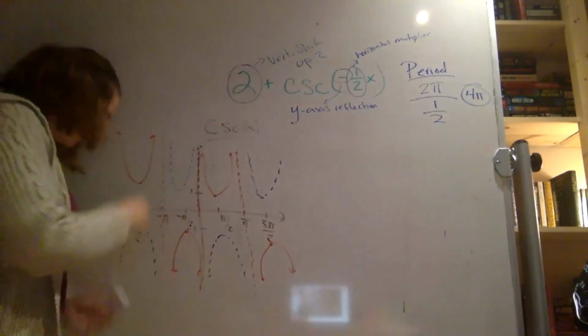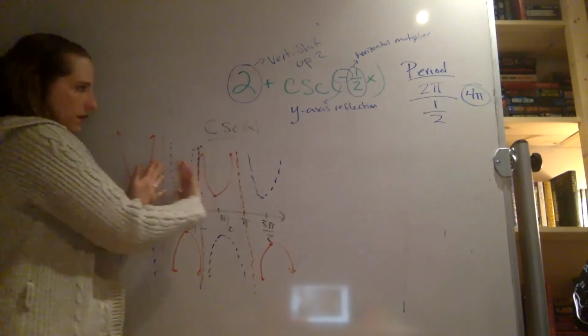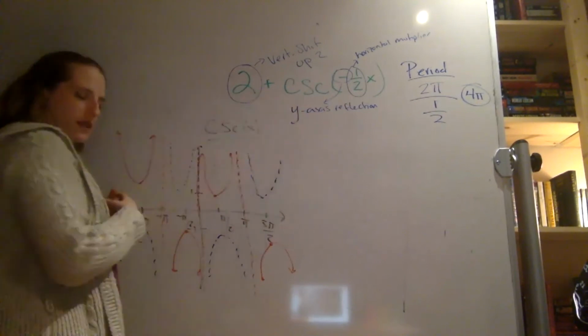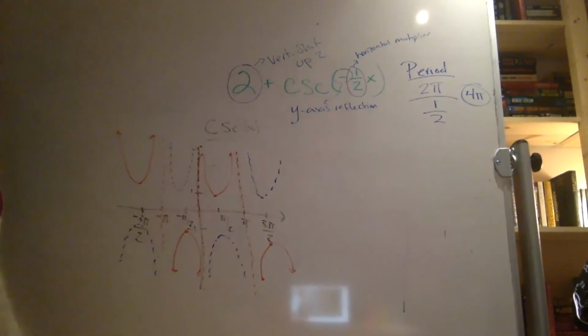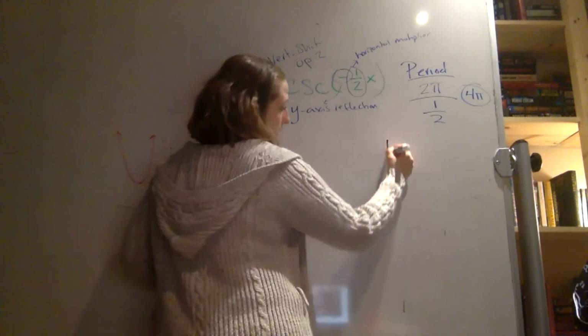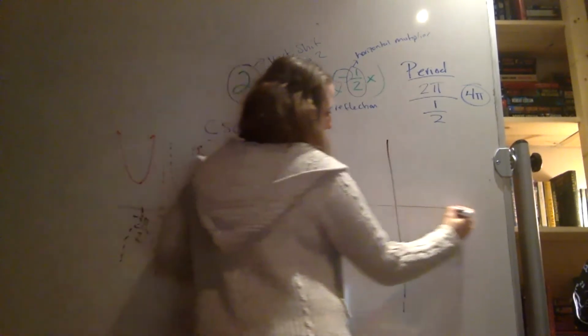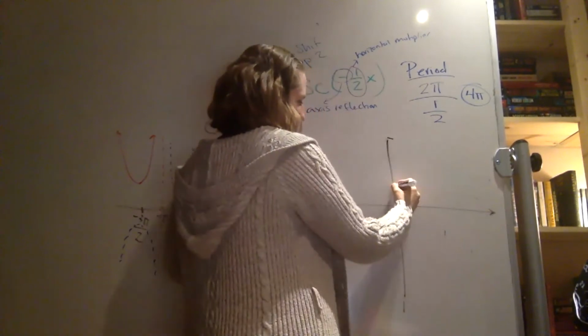So that means when we're sketching this, our little U-curves are going to be much broader because they're going to encompass 4 pi instead of just 2 pi in a single period. All right, let's see if we can put all that together. Okay, so I'm going to put in sort of the same points.